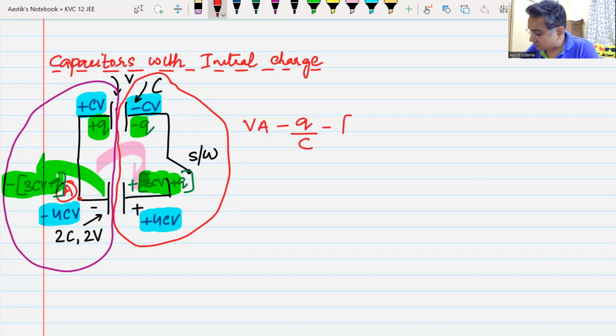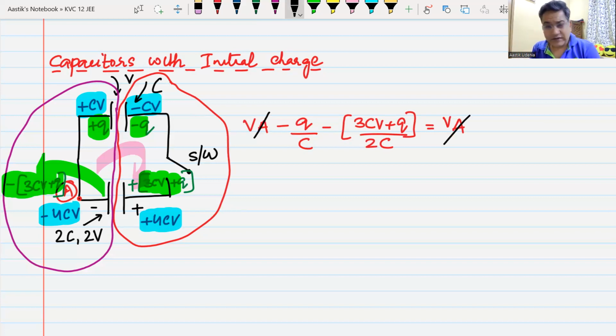So minus, what is the charge? 3 CV plus Q divided by 2C, because the capacitance is 2C, will be again equal to VA. I can cancel this VA, and from here I will get the value of Q. Depending on the value of Q, all the charges will come on their own.